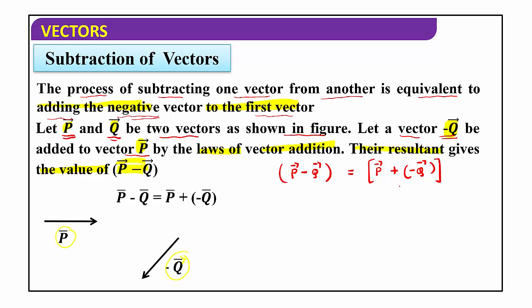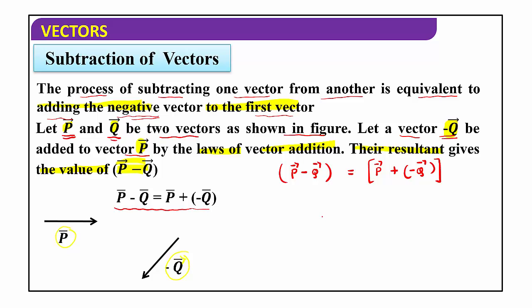The process of subtracting one vector from another is equal to adding the negative vector to the first vector. We have to add these two vectors. So we can write vector P minus vector Q equal to vector P plus minus of vector Q.